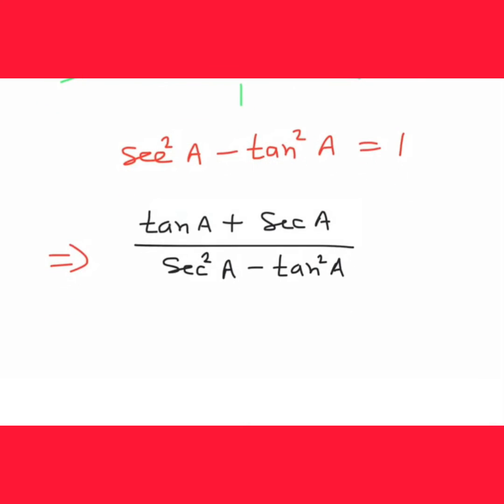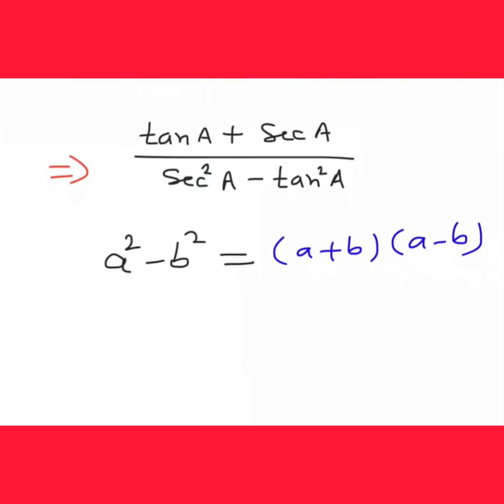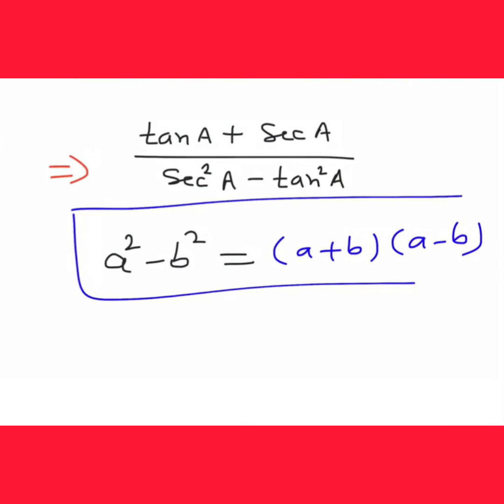Okay, and here you can observe that this is A square and this one is B square, so A square minus B square. Again you will use this identity, A square minus B square equal to A plus B and A minus B. So use this identity here. So what you will get?